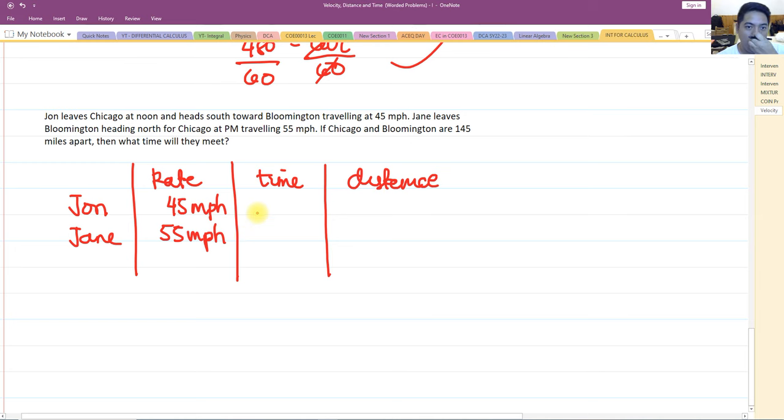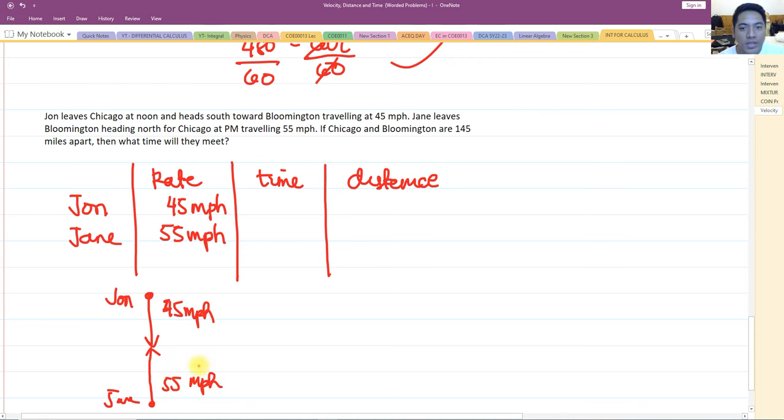So they are trying to reach each other. John is traveling south, and Jane is coming from the other side, traveling north. John is moving at 45 and Jane at 55 miles per hour.